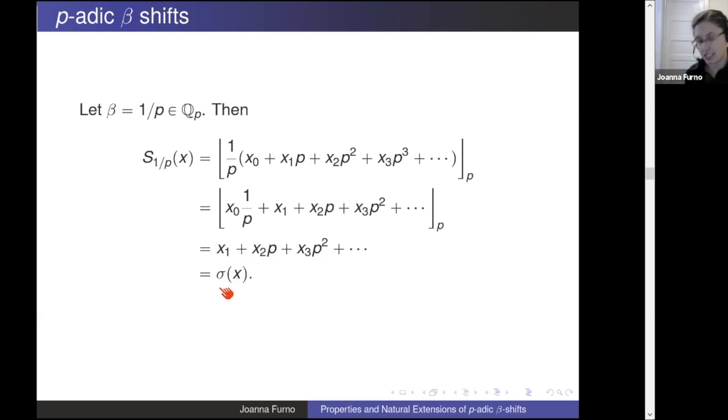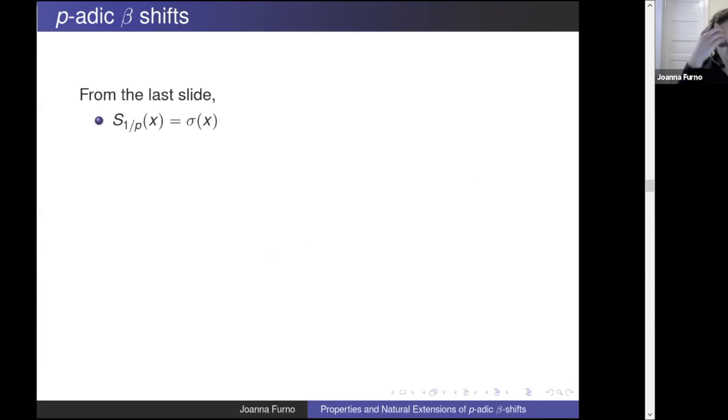That's a pretty standard notation for a shift in dynamics. And so if your beta is 1 over p to the n, that's just going to shift over n of your coordinates at once. And so that's the nth iterate of your shift.